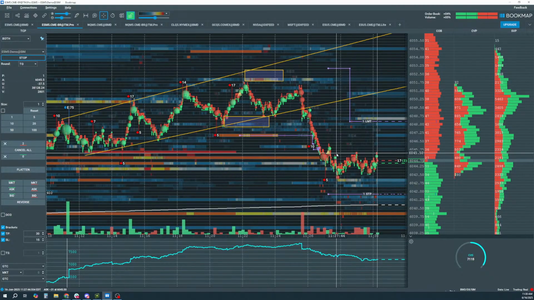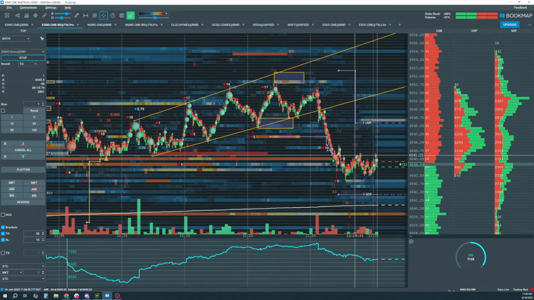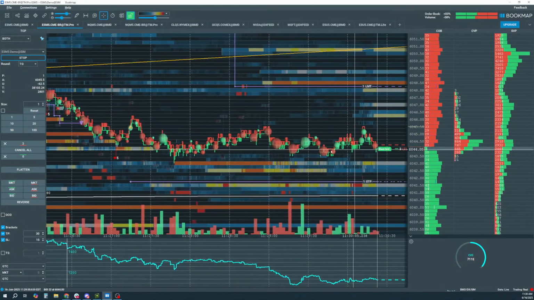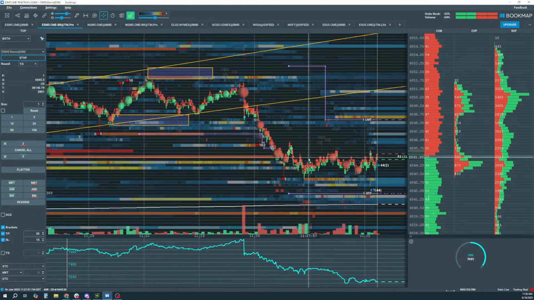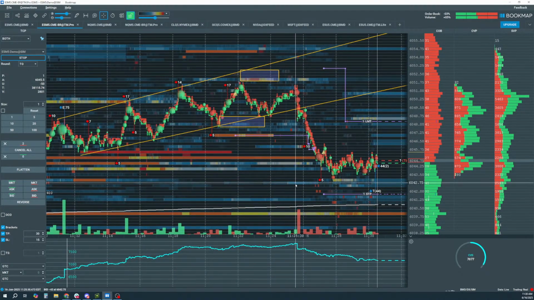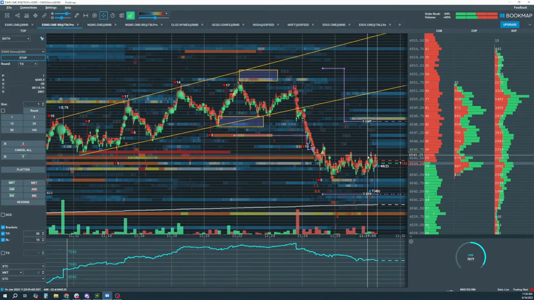Okay, so it made it up to there. Now let's see if we can get a little bit more. And nothing. Okay, so we're looking for a mini breakout here of this area here.